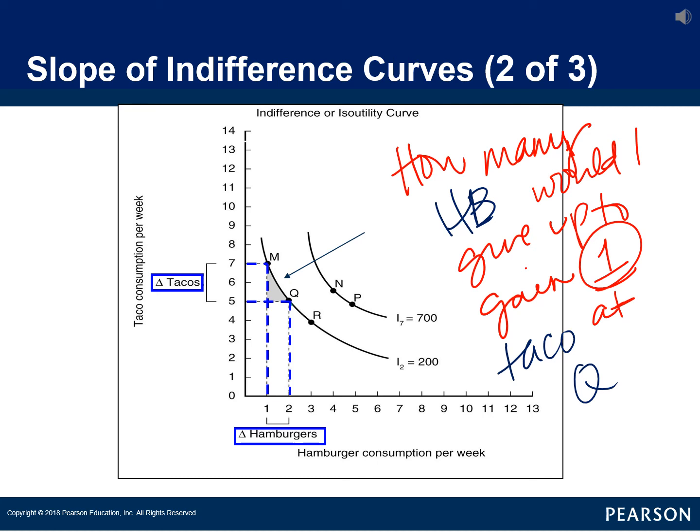Well, here we go. I want to gain 1 taco. So I want to go from 4 tacos to 5 tacos. How many hamburgers did I give up? I went from 3 to 2. So that answer is also 1. Because at that point, the slope is 1. Okay.